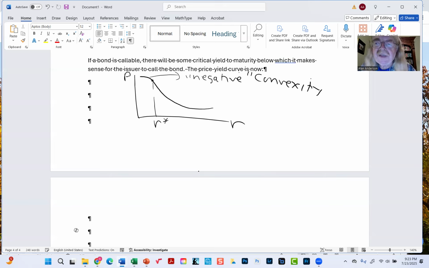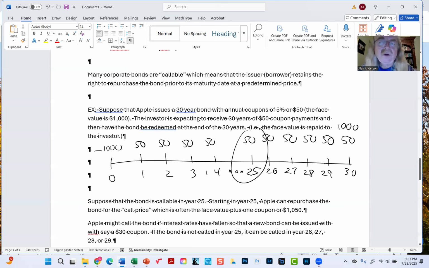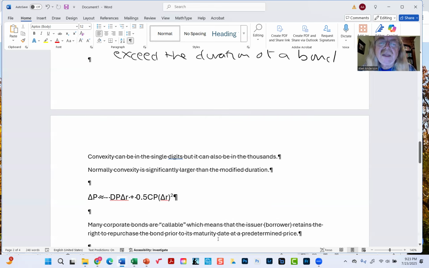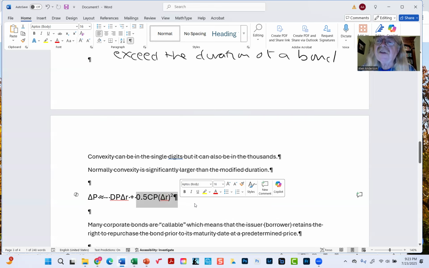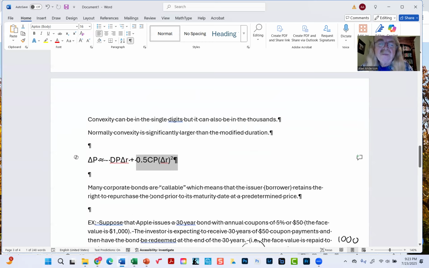And so that's going to have an impact on the convexity of the bond, and that in turn will affect the sensitivity of the bond's price to changes in yields. So when that happens, and what brought all this up is that in that case, this part of the approximation could have an enormous impact on the price of your bond. Okay, so in other words, if the bond is callable, this part of the approximation could have a huge impact on the price of your bond.